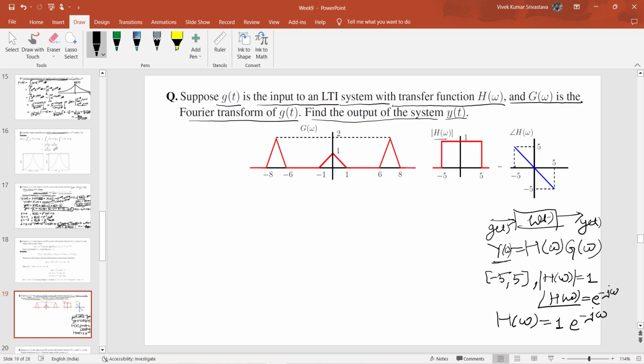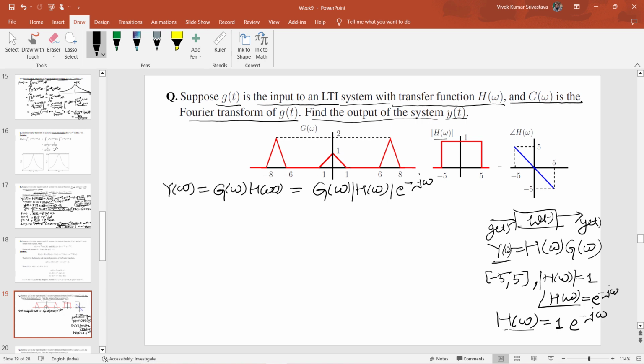So now the output y of omega is written as g of omega into h of omega. We can further write this by substituting h of omega here: g of omega into modulus of h of omega into e raised to the power minus j omega.